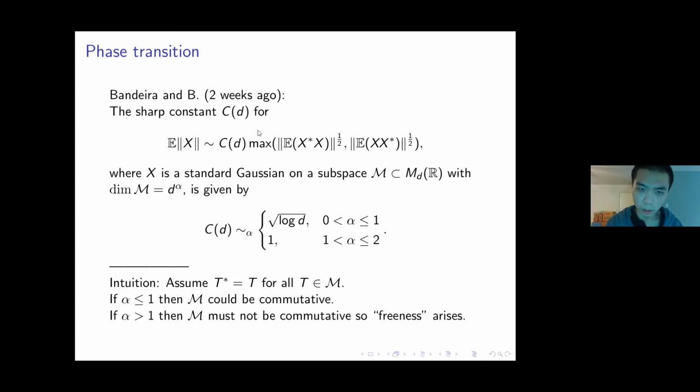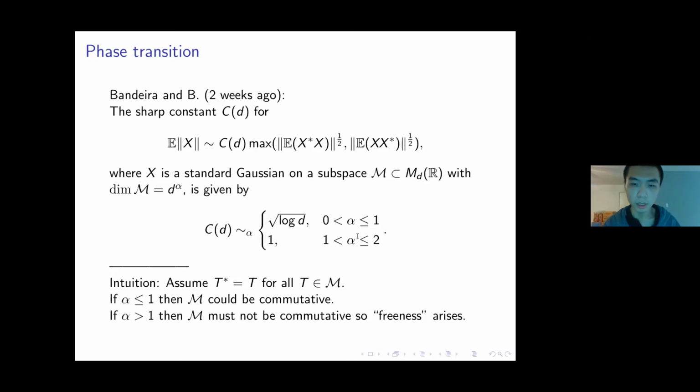So what is the sharp constant in the non-commutative Khinchin inequality for standard Gaussian on a subspace? It's given by this. If alpha is between 0 and 1, we do need a square root of log d factor, because we can take the subspace to be the space of diagonal matrices. Then we need square root of log d to the power alpha, and that is equivalent to square root of log d.